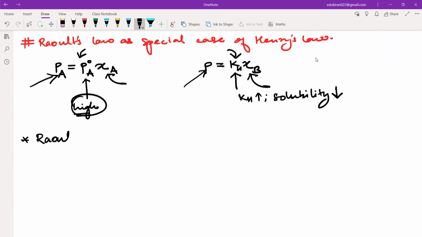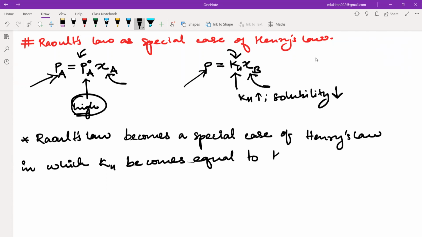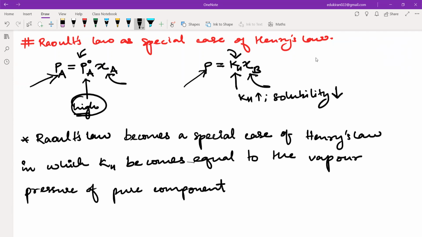Please write with me. Raoult's law becomes a special case of Henry's law, in which KH becomes equal to the vapor pressure of the pure component.